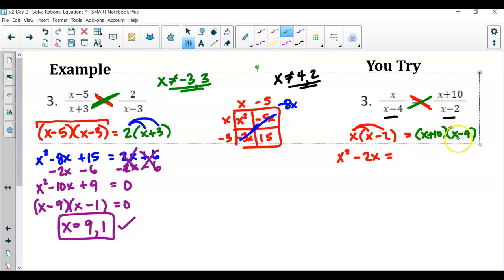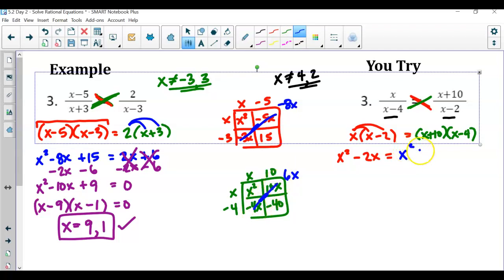So this is FOIL, or I'll go ahead and set up box. So x plus 10 times x minus 4. Here x squared and x, negative 4x, and negative 40. Then combining like terms, 10x minus 4x is now 6x. So you should have here x squared plus 6x minus 40.